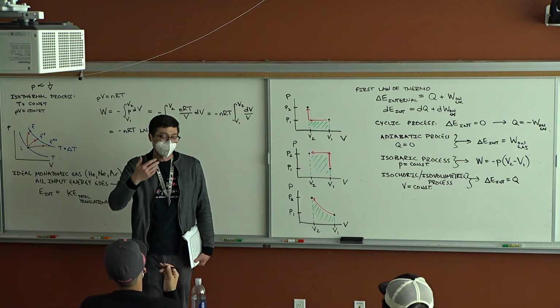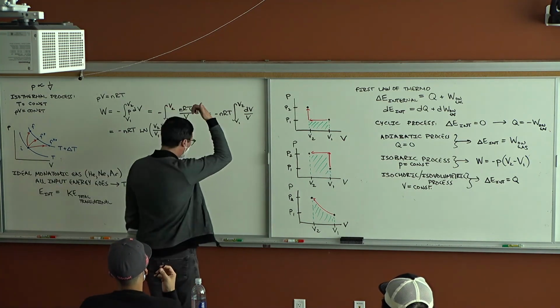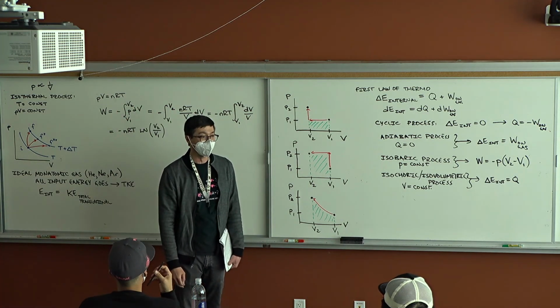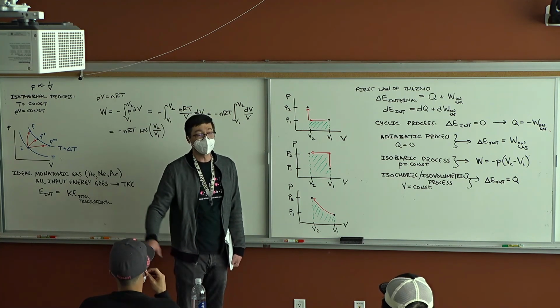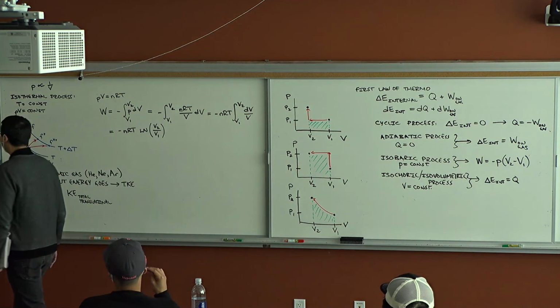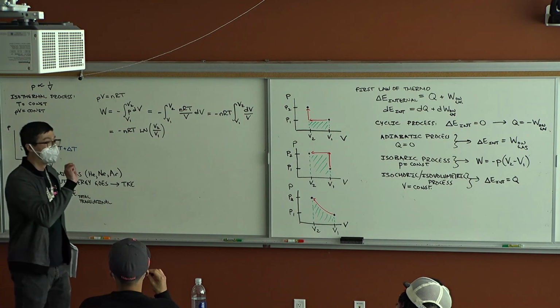So the atom doesn't have a face and a backside, right? So if it is undergoing rotation, I don't know what it is, right? It's a point in our model. So the only way of storing energy then is translation.